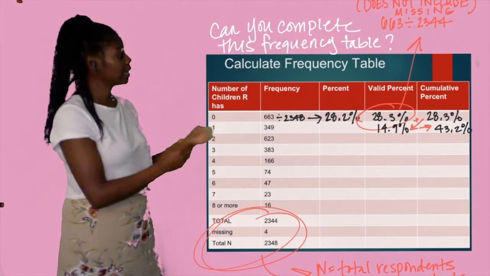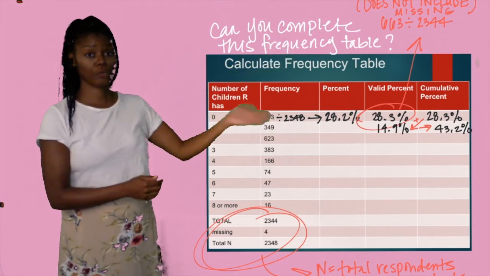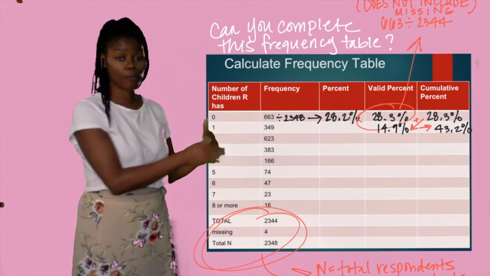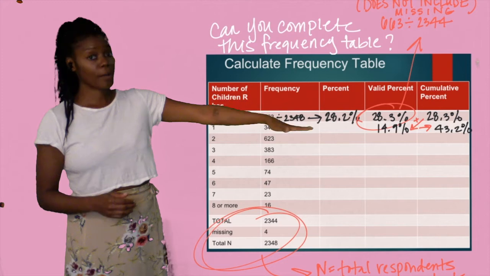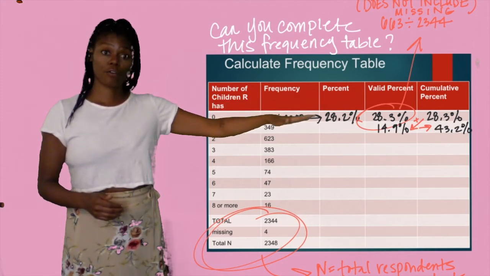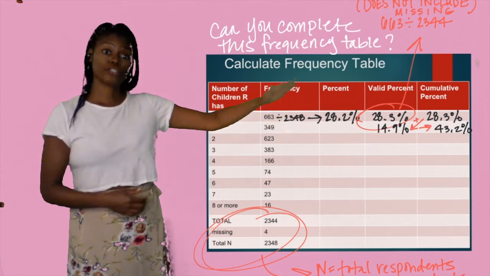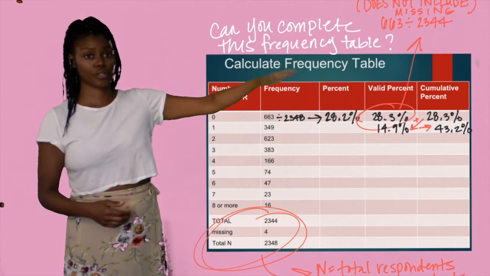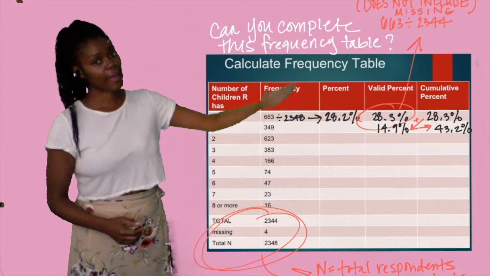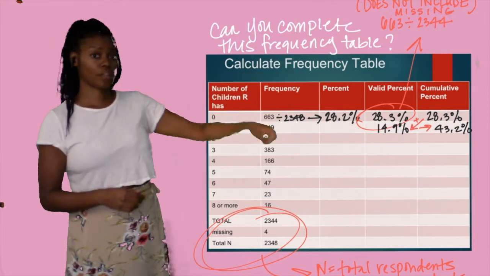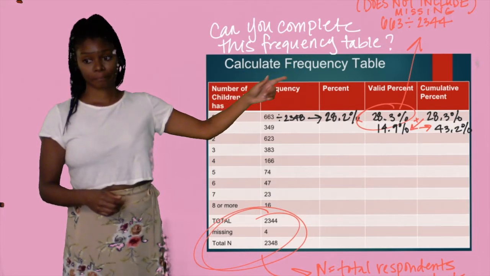So you can see here in the example, I've started to fill this frequency table out for you and calculate the cumulative percent: almost 70% of respondents have 2 or fewer children. So it's telling us something about the category 2 children and the categories 1 child and 0 children.